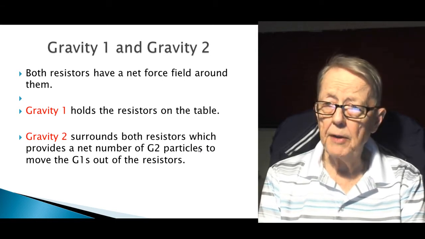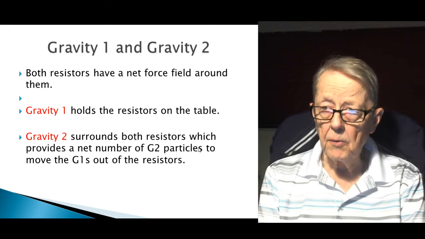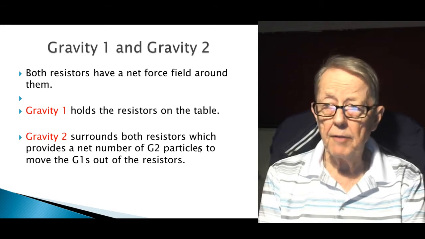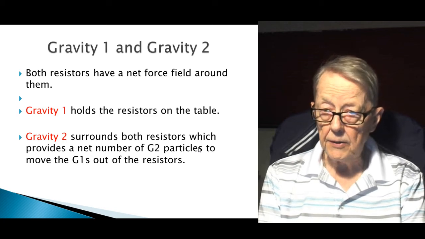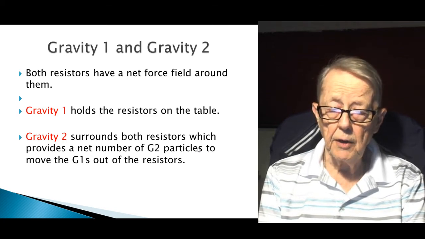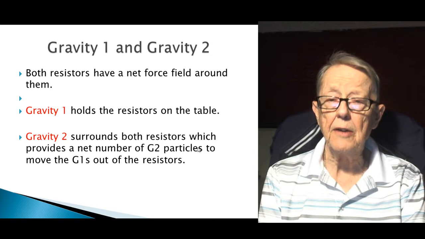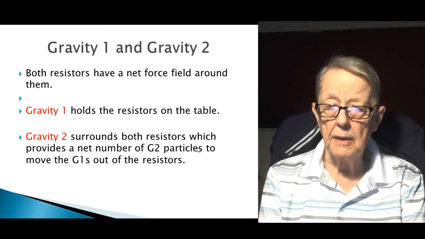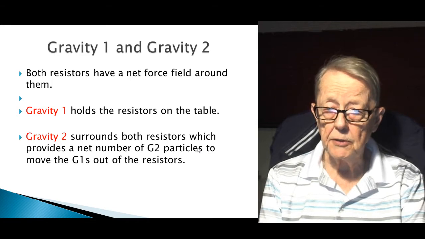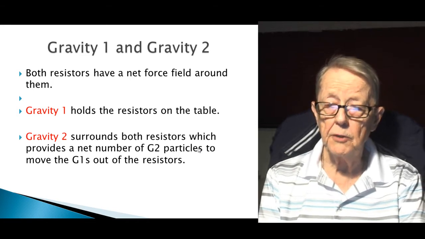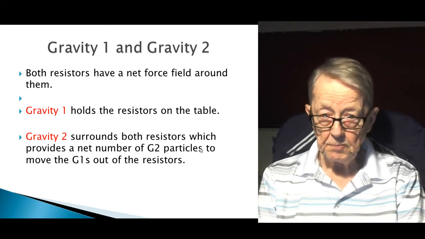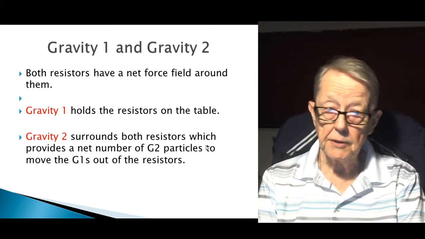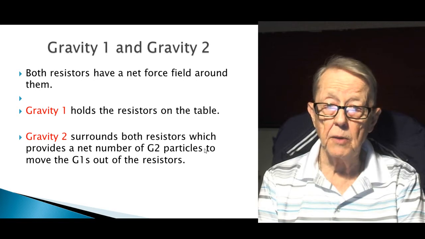There is a gravity 1 field around it, and when you have a gravity 1 field, it builds up a net force field. There is a gravity G2 field of particles around it. It does exactly the same thing. It surrounds both resistors, which provides a net number of G2 particles to move the G1s out of the resistors. That's a hint as to what's going on here.